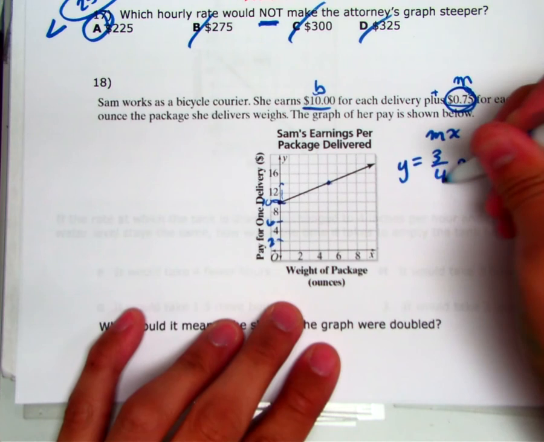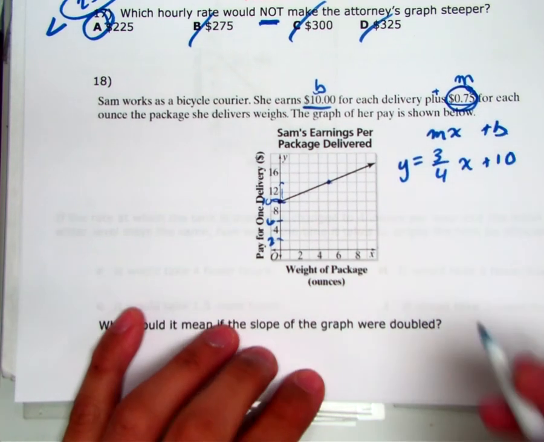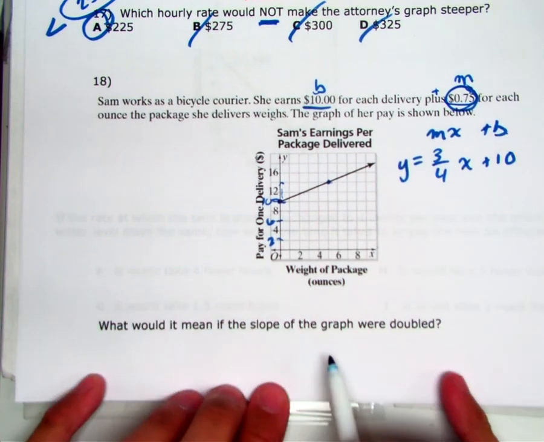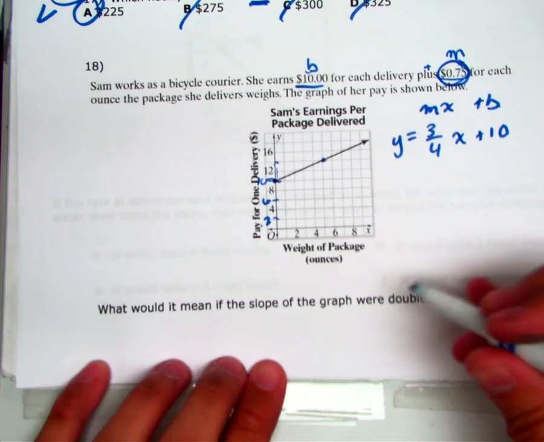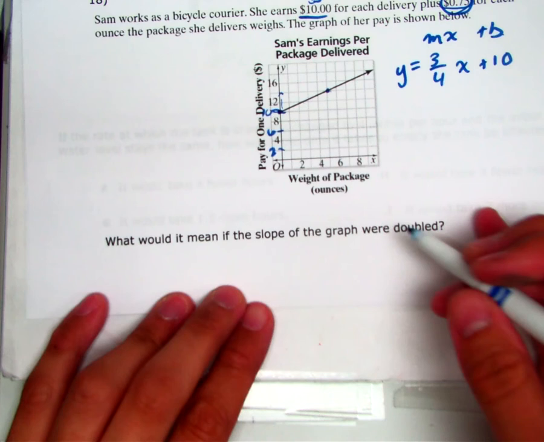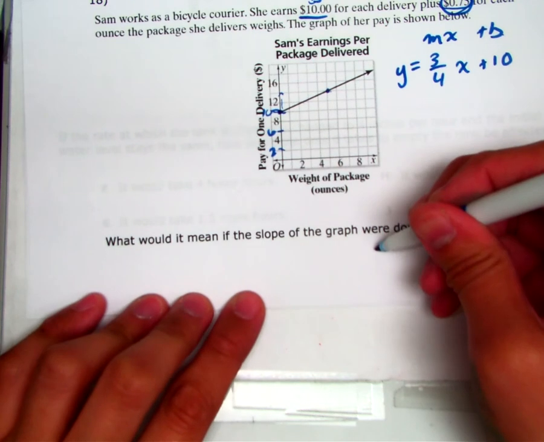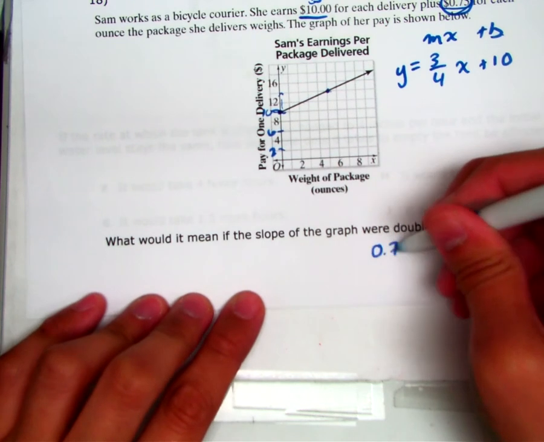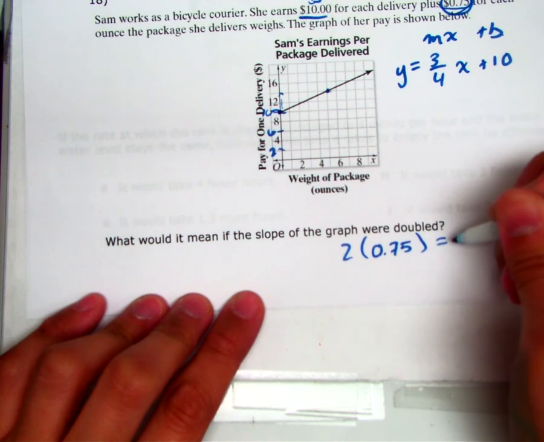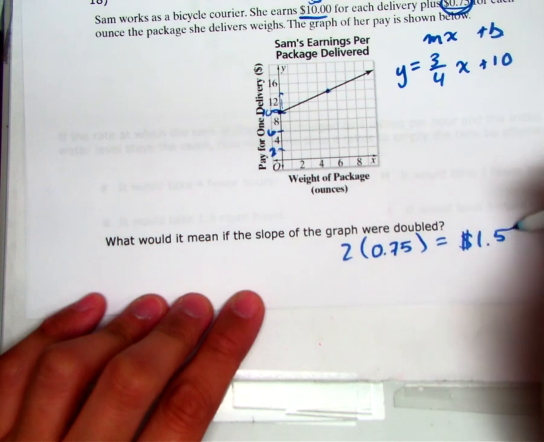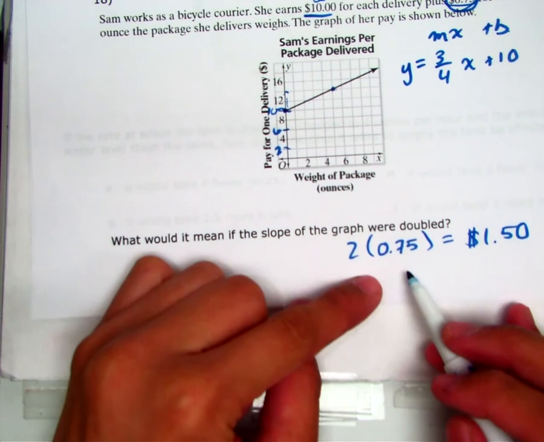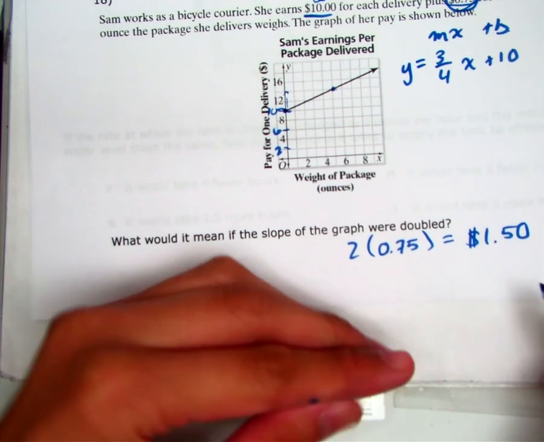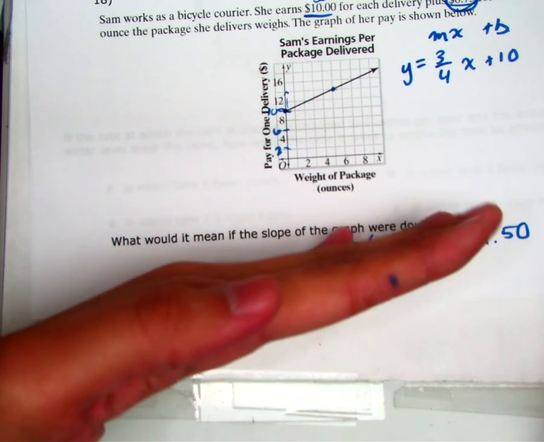Okay, so it says here, what would it mean if the slope of the graph were doubled? So double 75 cents. That means you're going to multiply that by 2, and you do get $1.50. So $1.50, that's more than 75 cents. And if your rate increases, that means your line gets steeper.